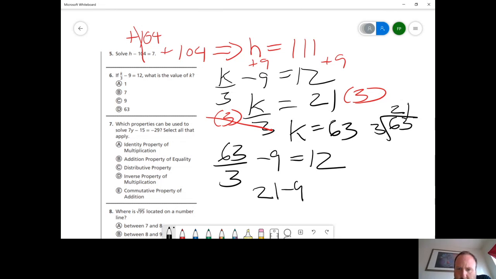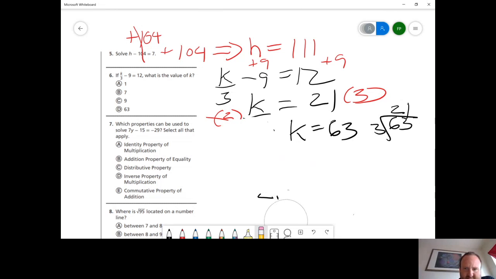What is 21 minus 9? Does it equal 12? 21 minus 10 would be 11, but we're only subtracting 9, so yeah, 21 minus 9 equals 12. So that would work, and that would be the answer, D, 63. So the answer to that one is 63.